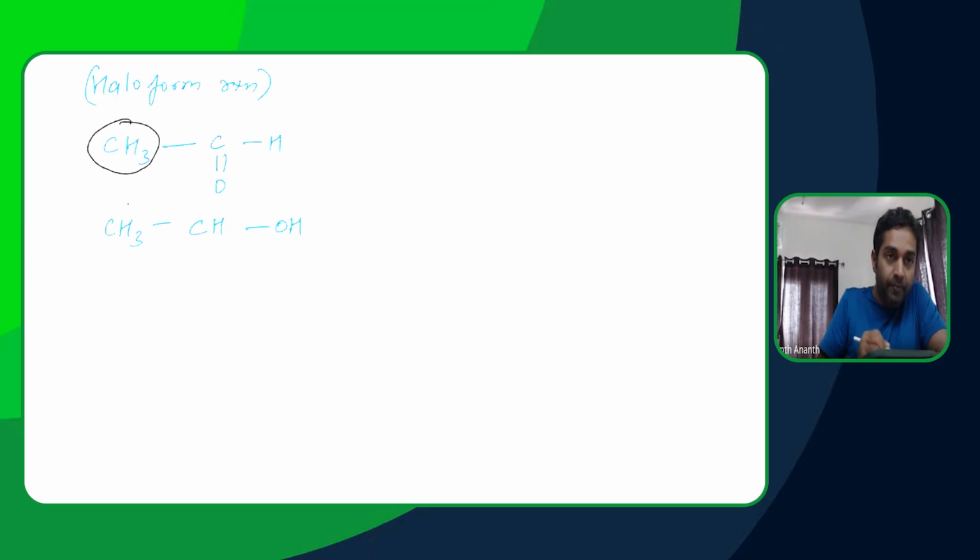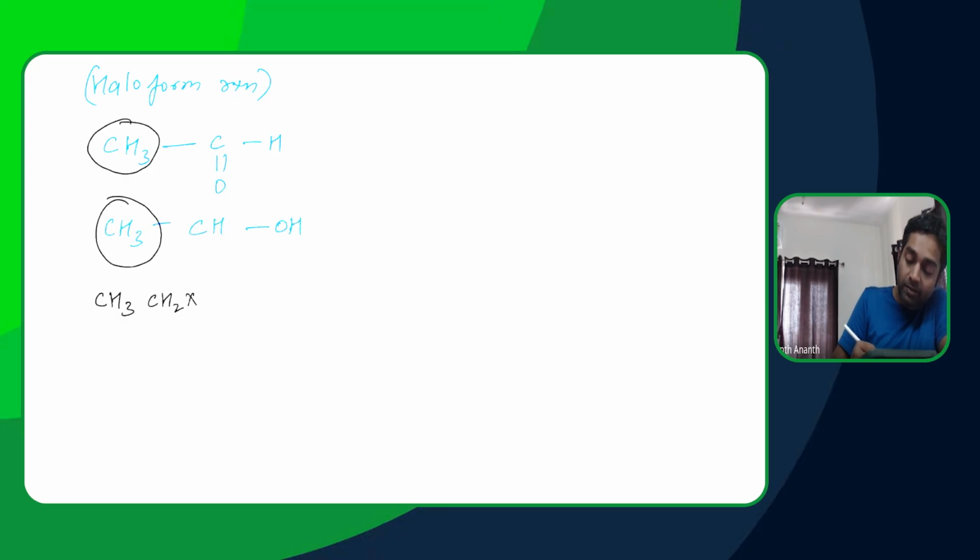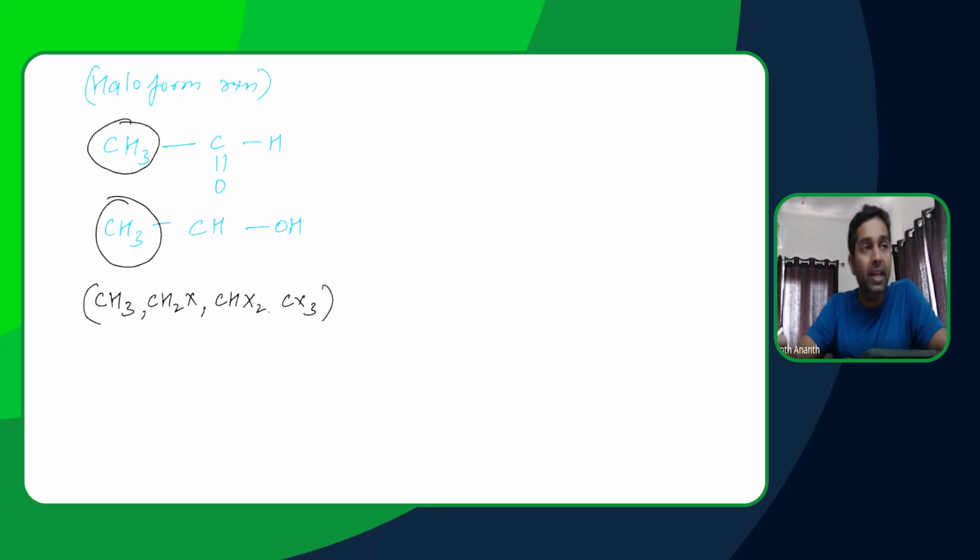The CH3 parts over here can be any variation among the following. It can be CH3, it can be CH2X, it can be CHX2, it can be CX3. Any one of these variations it can be.